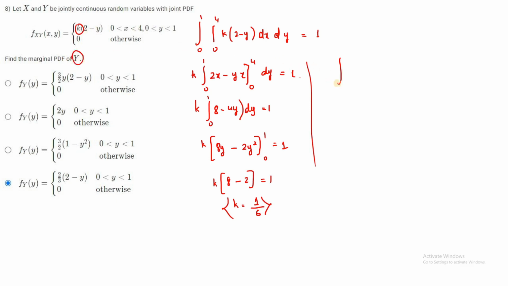So the range of x is 0 to 4. What is the function? That is 1 by 6 into 2 minus y into dx, correct? So that is nothing but 1 by 6 will be outside, and I'll have 2x minus xy. What are the limits? 0 to 4. So 1 by 6 into 2 into 4 is 8 minus 4y.